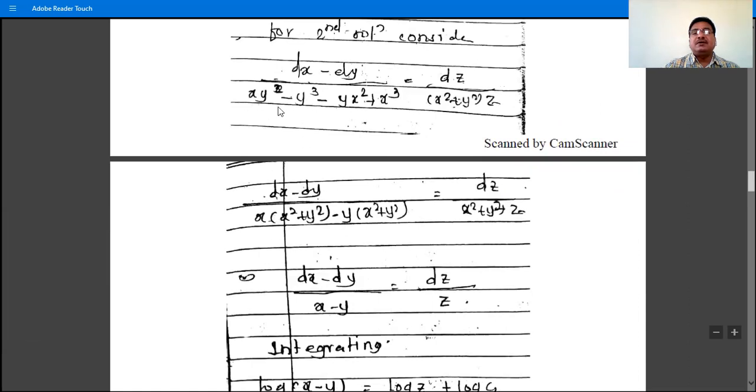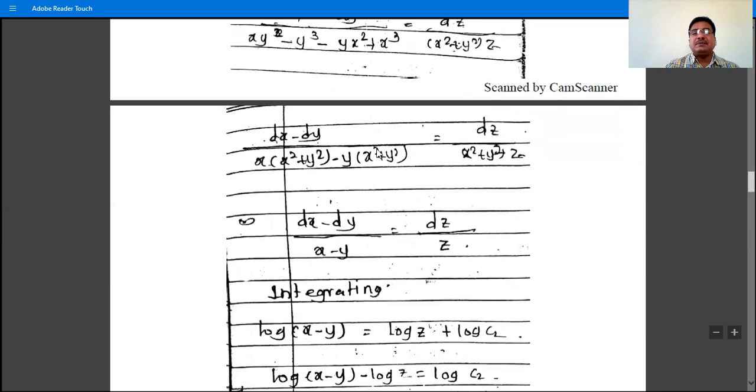Take y as common from the first two terms, so we have y square... take x as common, so we have x times (x square plus y square), and from the middle two terms take minus y as common, giving (x square plus y square) in the bracket.